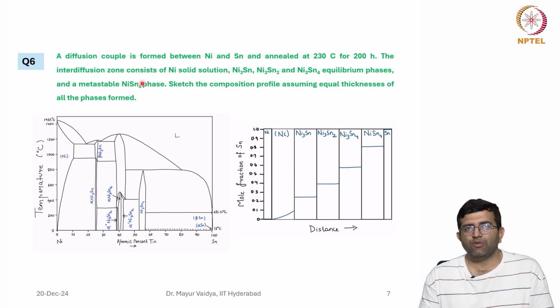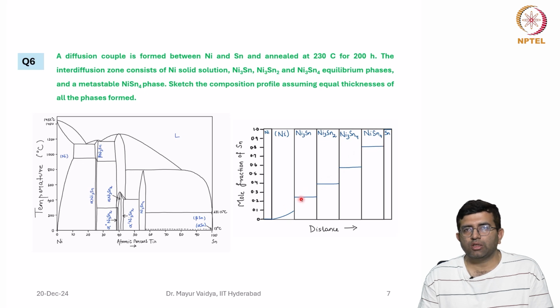Now NiSn4 has the highest amount of tin, so you should draw NiSn4 closest to the tin. If you draw NiSn4 somewhere here, then it would be wrong, because NiSn4 will grow very near to the tin. So that's how you have to follow the sequence.